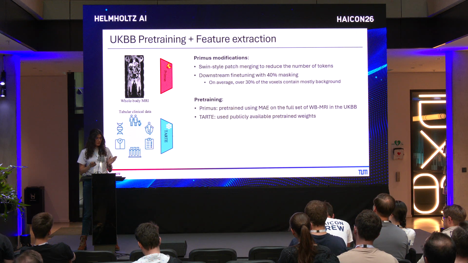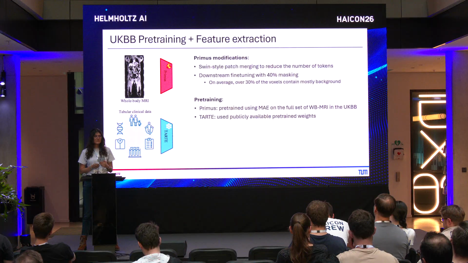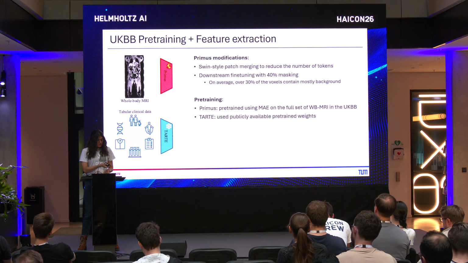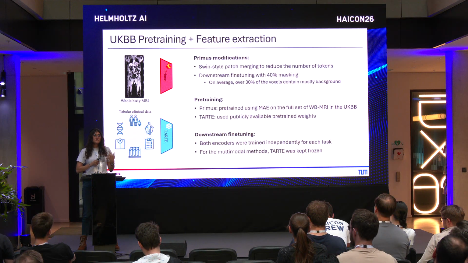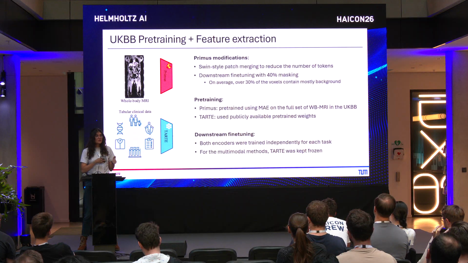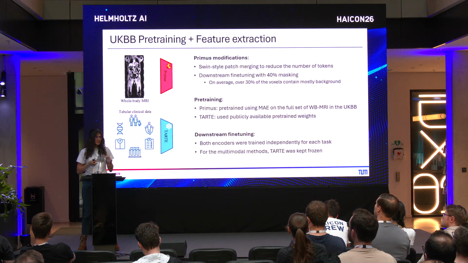So from that one, we use the pre-trained publicly available weights. And yeah, when we do downstream fine-tuning, we train each independent encoder for each one of the tasks. And when we try to fuse them, we keep the tabular model frozen.